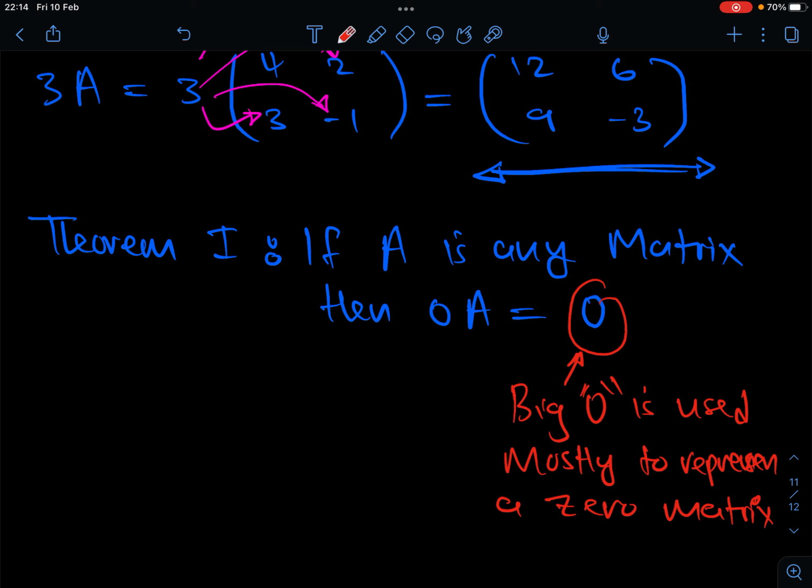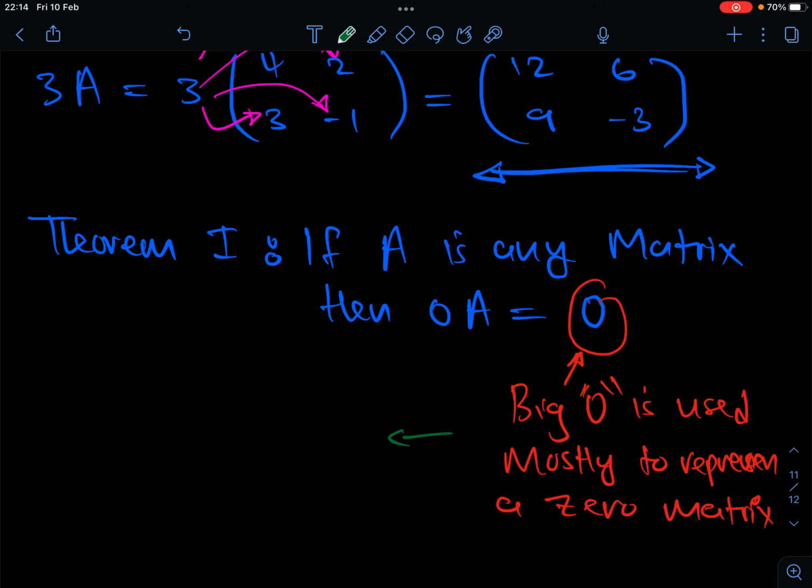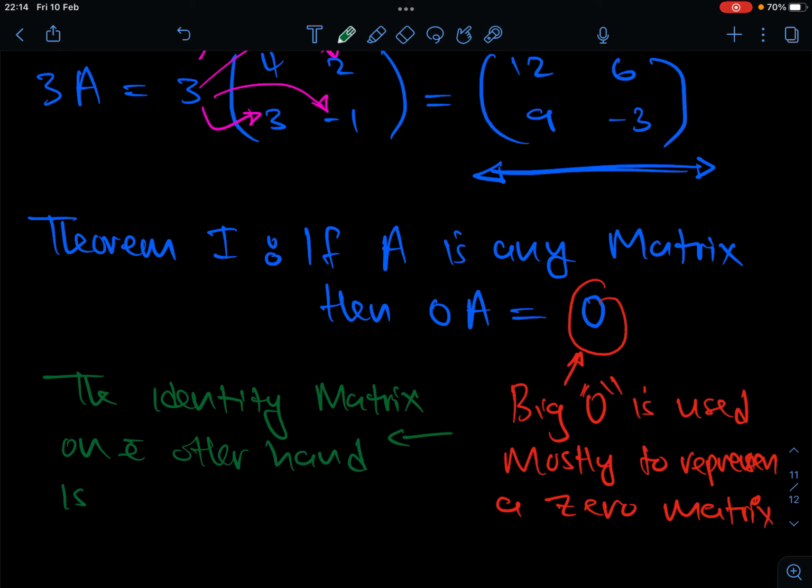It will also be good to state this. The identity matrix, on the other hand, is represented using the letter I. When it comes to the identity matrix, we use the big letter I for those special matrices that we once discussed.